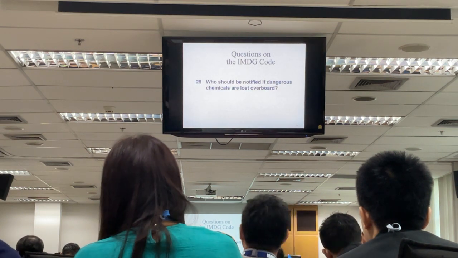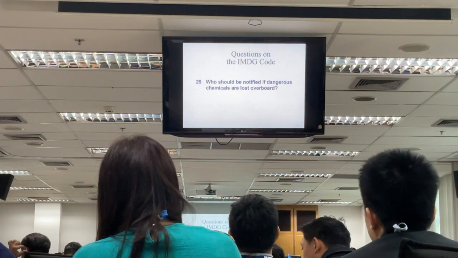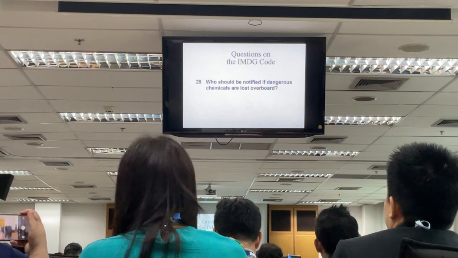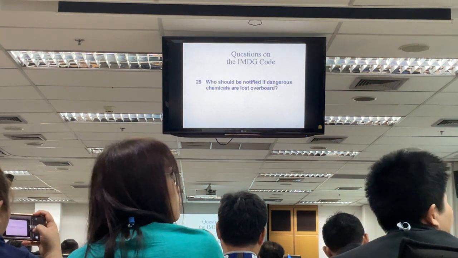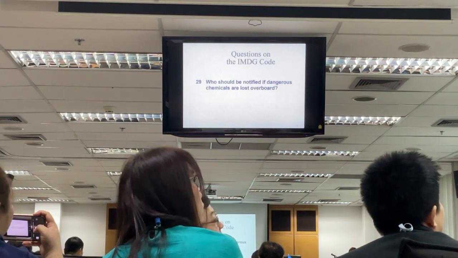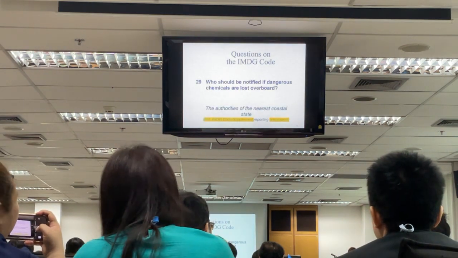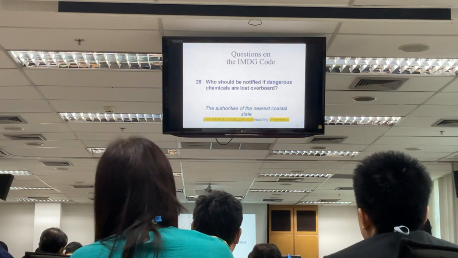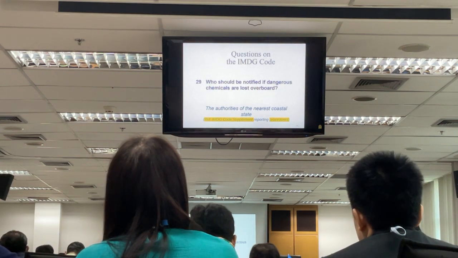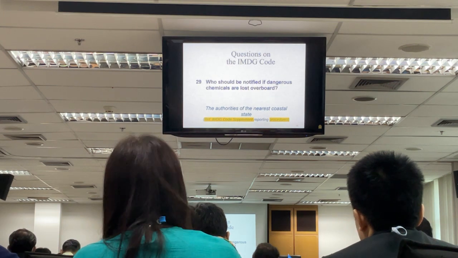Who should be notified if dangerous chemicals are lost overboard? Master. Yes, you're right. The authorities of the nearest coastal state. Reference IMDG code supplement, reporting procedures.